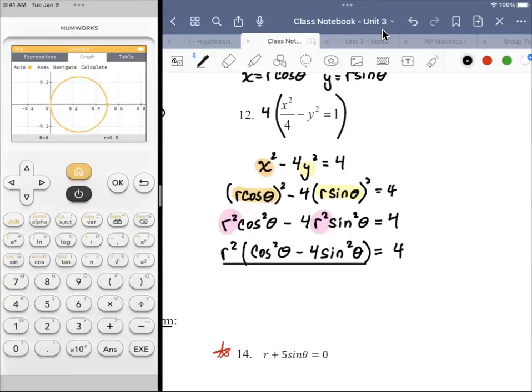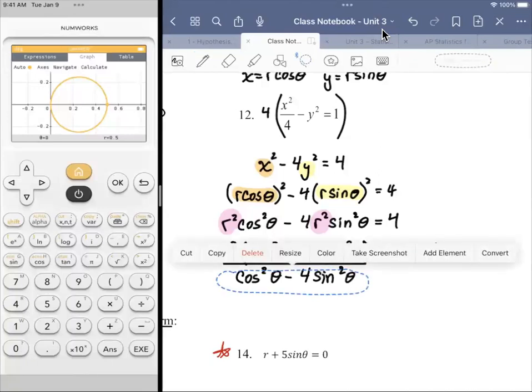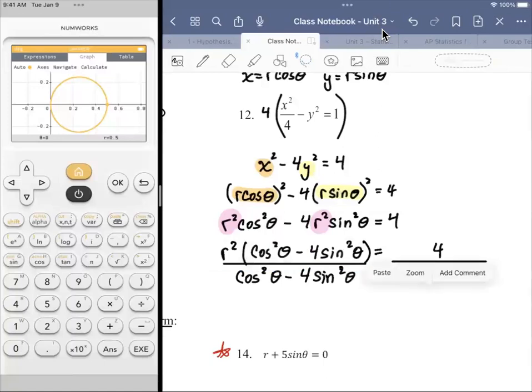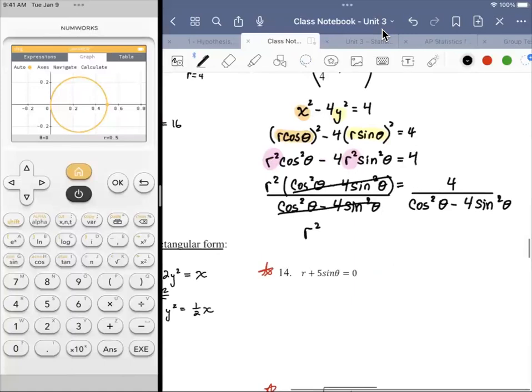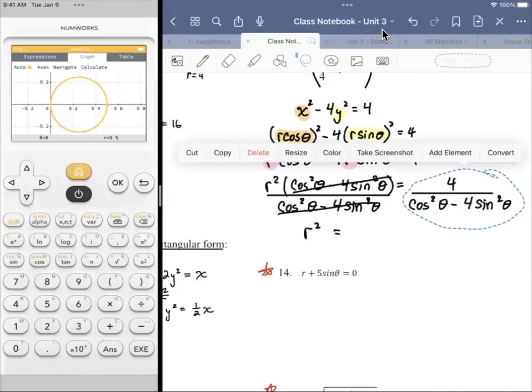So it's going to be not very pretty here. I'm just going to move this over a little bit. So dividing both sides by cosine squared theta minus 4 sine squared theta. All right, so it cancels on the left, and you're left with just an R squared equals all of this stuff.